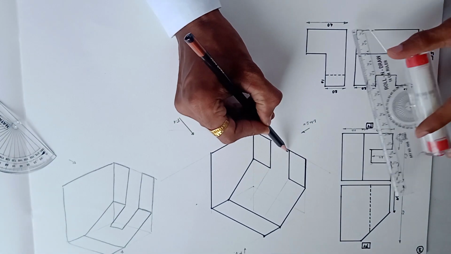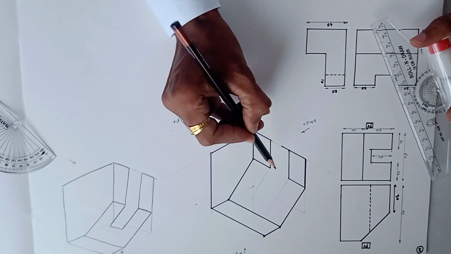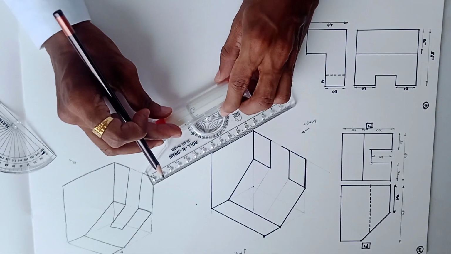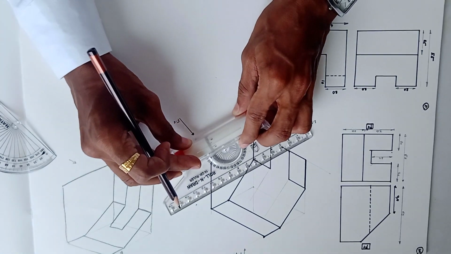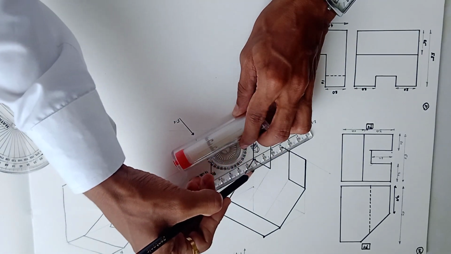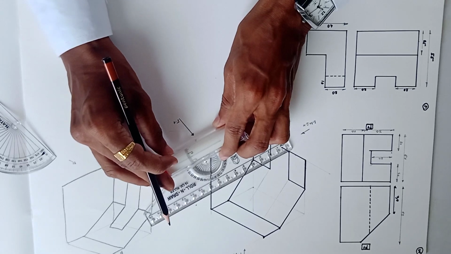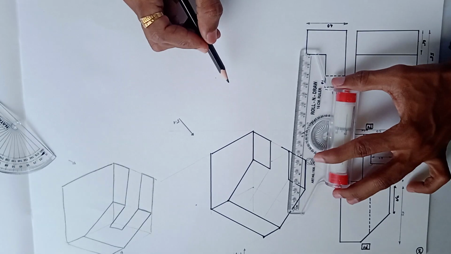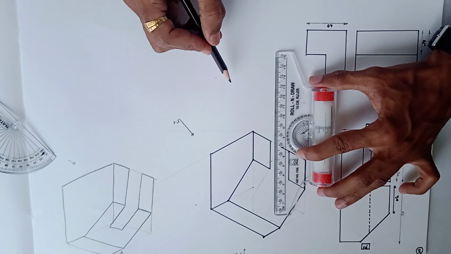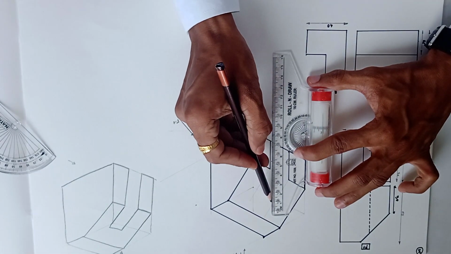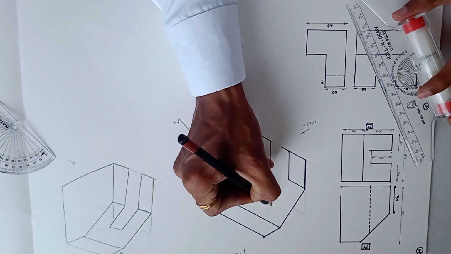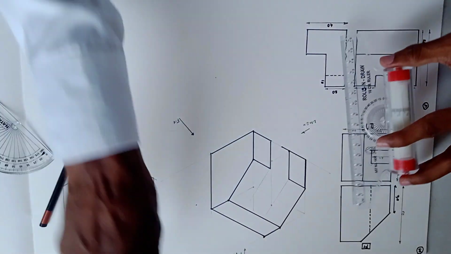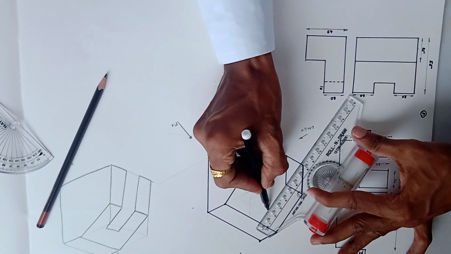Now from this corner in this direction take distance 20 mm, which is visible in the top view. So draw line parallel to x axis like this, take distance 20 mm, and then draw the parallel line to the y axis. It will intersect this line. Okay. So this intersection will give the length of the slant edge. Now show this line as a visible line.